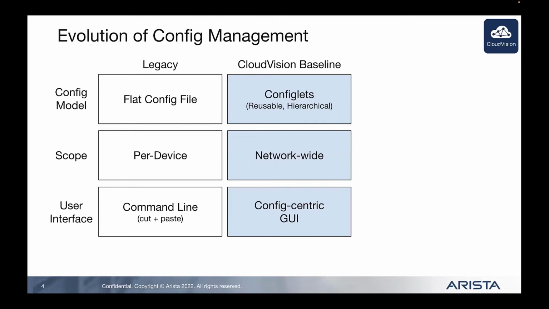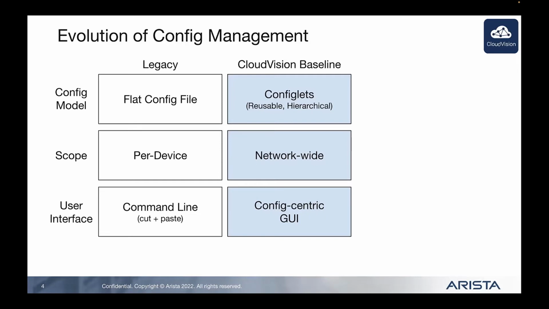And how can I manage that so that when I make that change on one configlet, it percolates to all of the devices that need to get that change, right? That's pretty much what automation is about, making sure every change you make is consistent, it gets across to all the devices, and you have a way to verify it. So the scope itself went from per device to network-wide to basically allow you to manage configurations across the network.